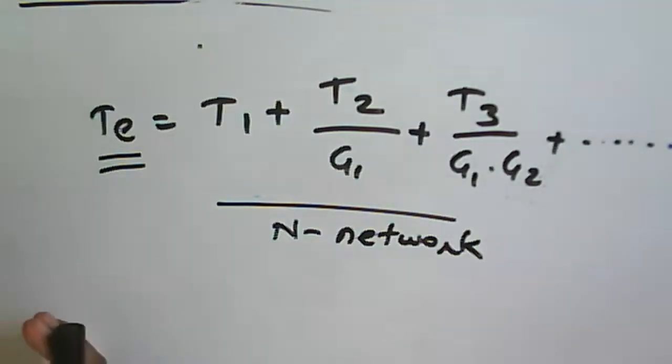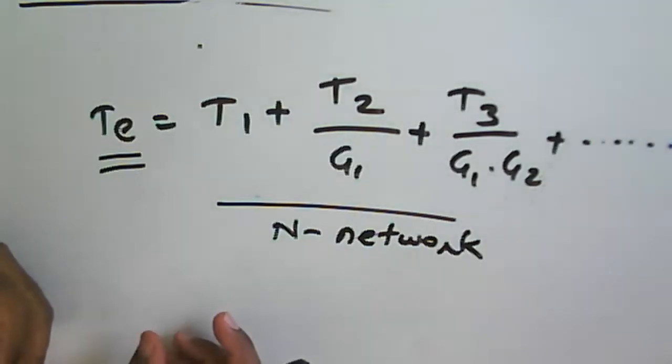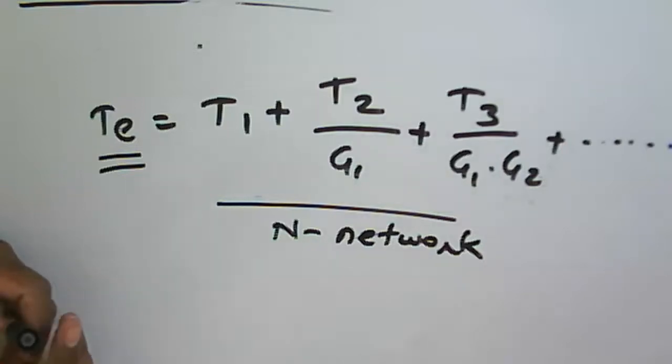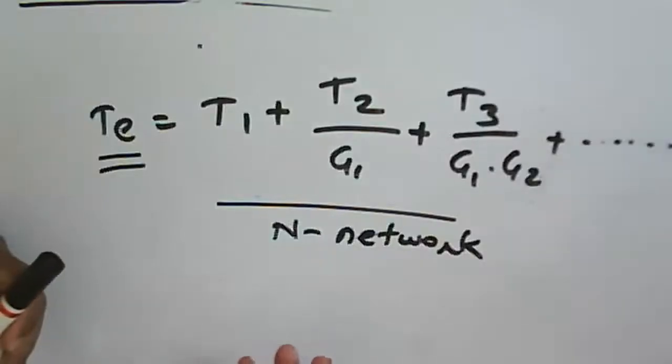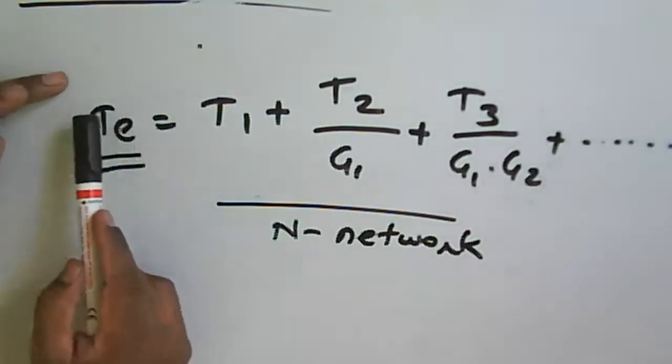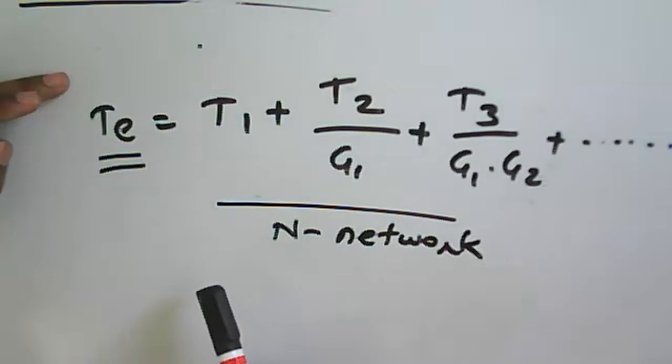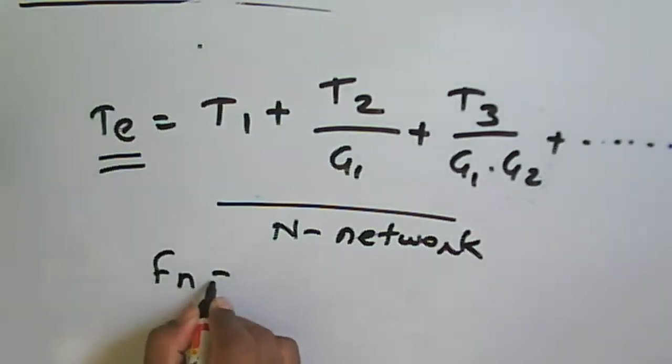Solid state devices. So what will be the noise temperature of each and every component in the receiver? That will provide the effective noise temperature, and that will give us the noise figure of the receiver.